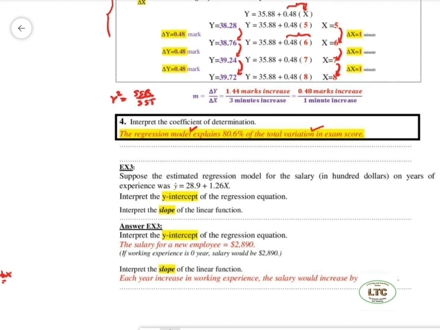This is the meaning of explaining. 80% is because of study time difference, and 20% depends upon other factors. Maybe some have a good background in English and math, some have a weak background. Other things occur in that 20%. But study time decides 80% of success. This is the meaning.